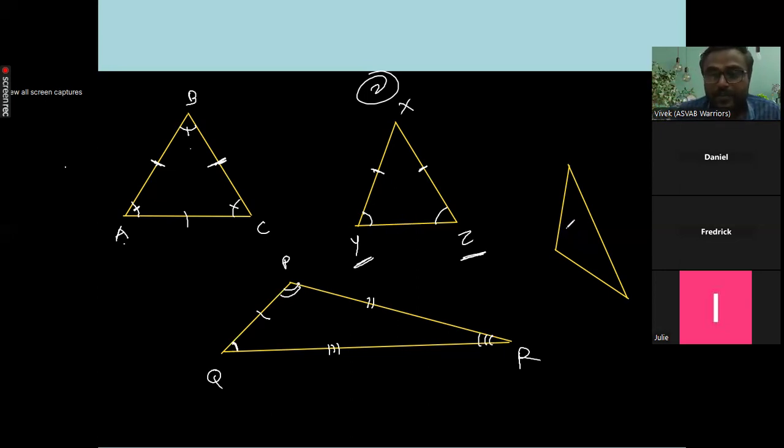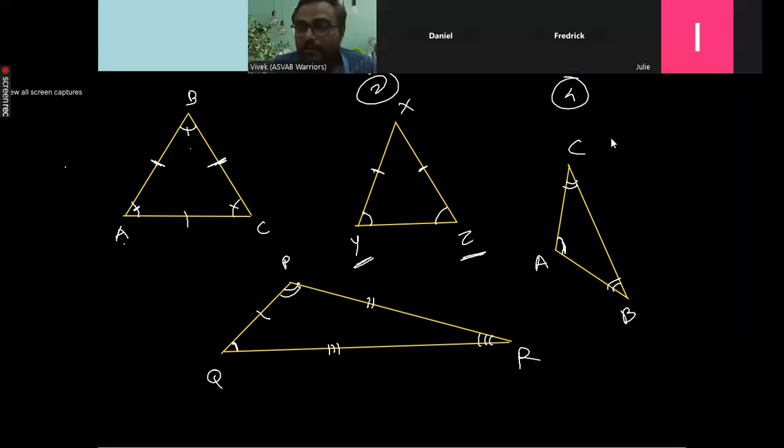Now let me say, in this figure 4, if I put a single arc over here and double arcs over here, that simply means in this triangle ABC, angle B is equal to angle C, because both of them have the same number of arcs.